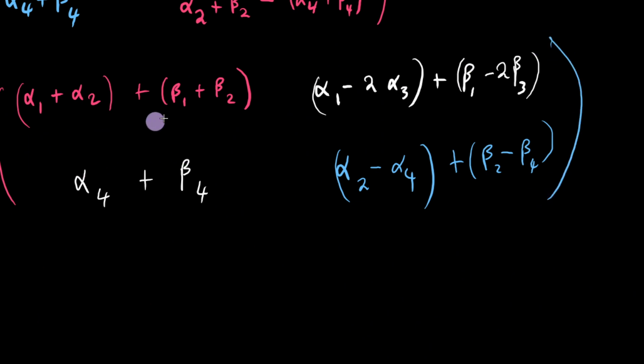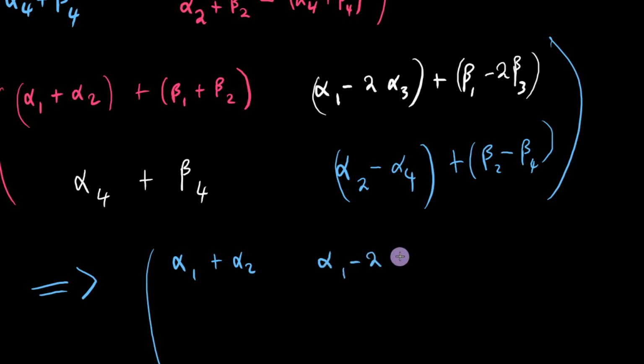Then from here we can ungroup by addition. So this can be written as the sum of alpha 1 plus alpha 2, then alpha 1 minus 2 alpha 3.